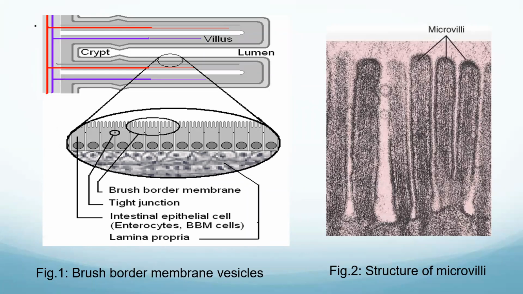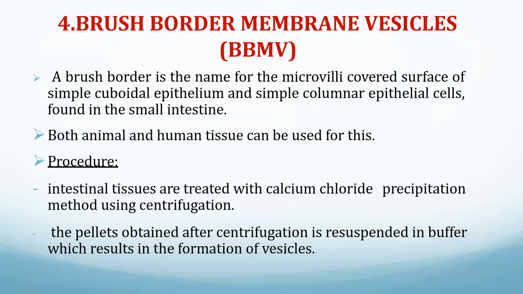These enzymes are embedded in the microvilli, so they are referred to as brush border enzymes. The brush border is the name for the microvilli that cover the surface of the simple columnar epithelial cells found in the small intestine.